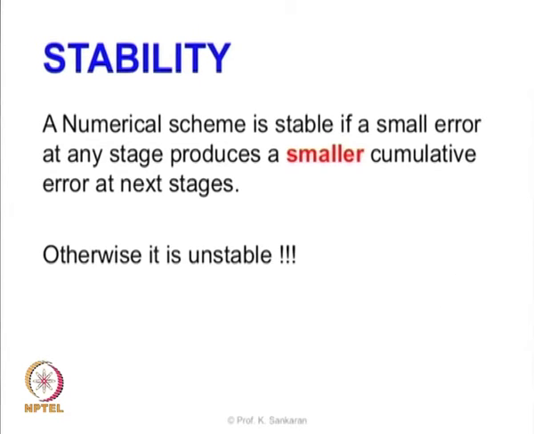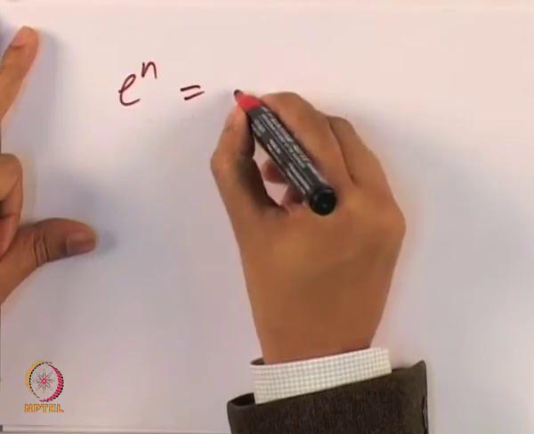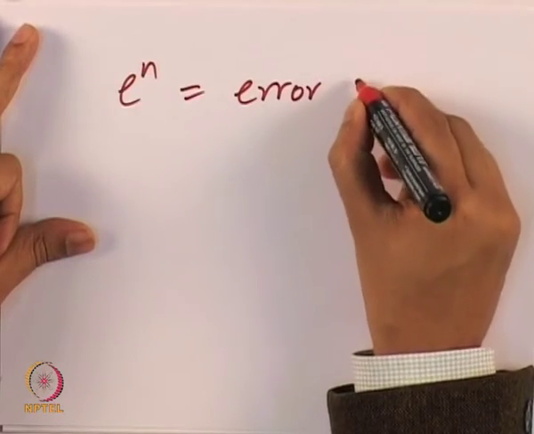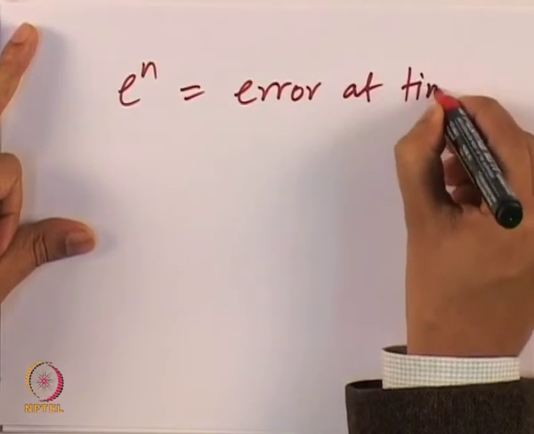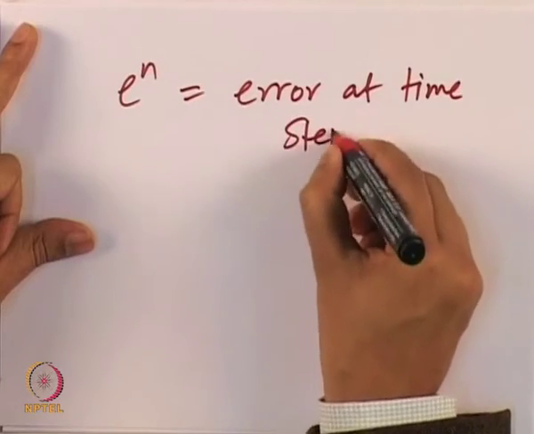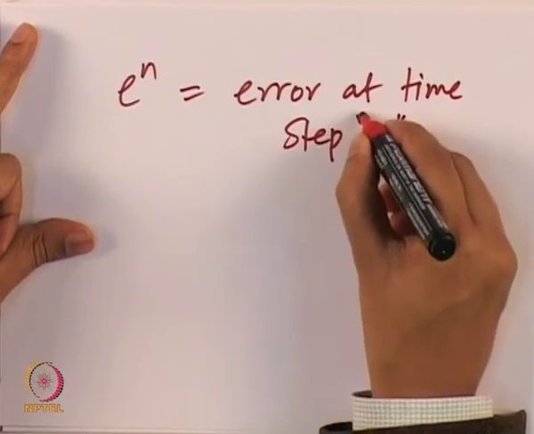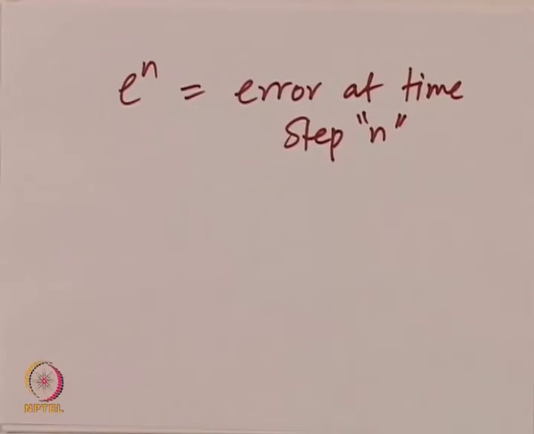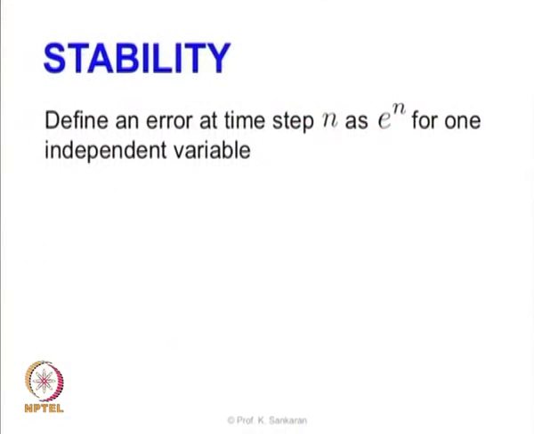So let's say we define an error at time n as E_n. So the error at the time step n will be given by E of n. This will lead us to ask the question, what will be the error at time n plus 1?